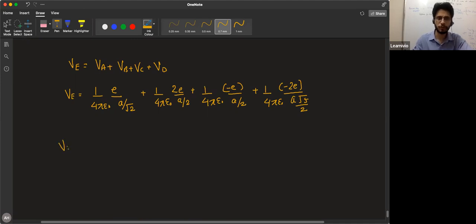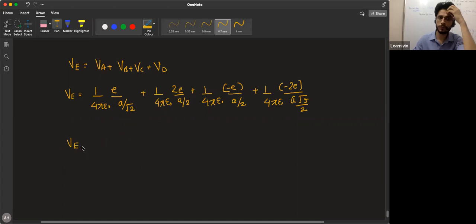No, Minashi, it won't be 0. So you can take this E by 4 pi epsilon naught A as common. Let's add one more step. All these root 2's and 2's in the denominator will go to numerator.